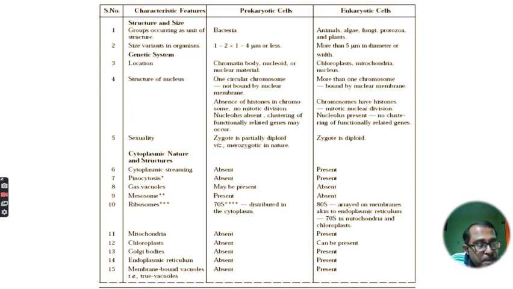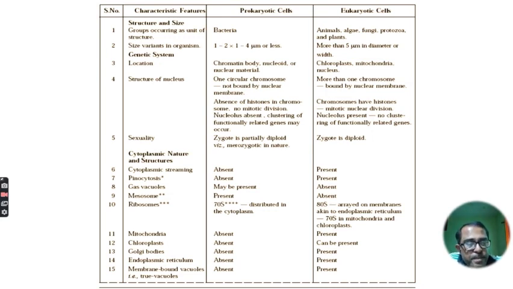In some protozoa also it is present, but it is absent in fungi and animals. Golgi bodies are absent in prokaryotic cells, but they are present in eukaryotic cells. Endoplasmic reticulum is absent in prokaryotic cell, but it is present in eukaryotic cell.